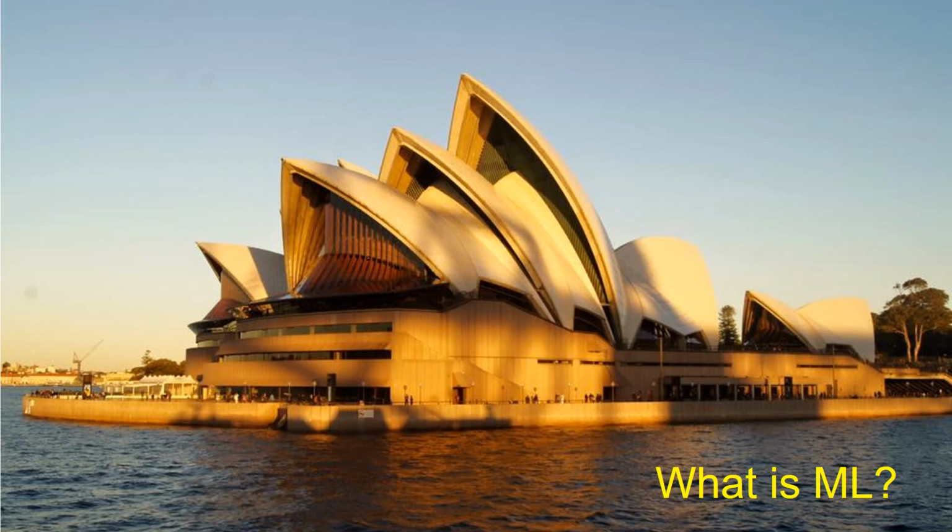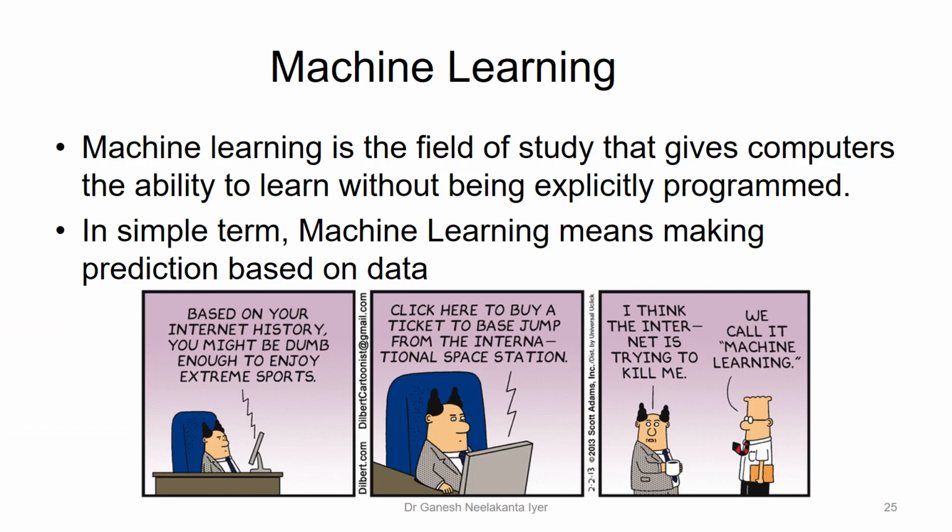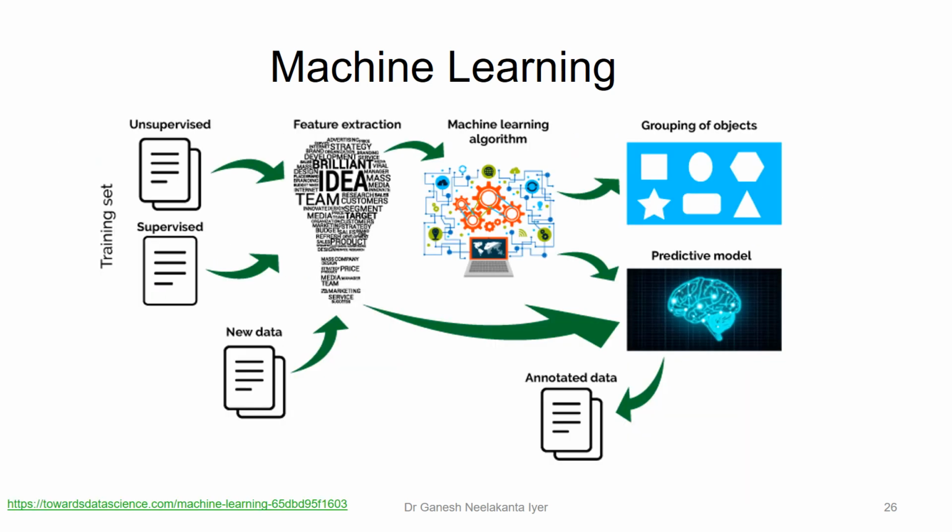So with all these differences, what do you think is machine learning? Machine learning is the field of study that gives computers the ability to learn without being explicitly programmed. In simple terms, machine learning means making predictions based on data. There are different types of machine learning algorithms.